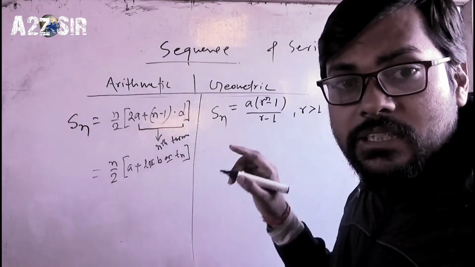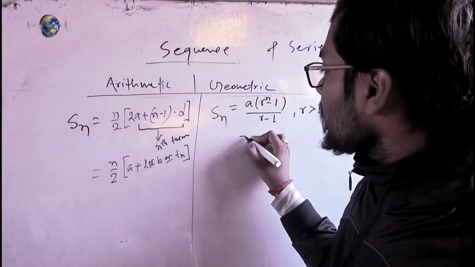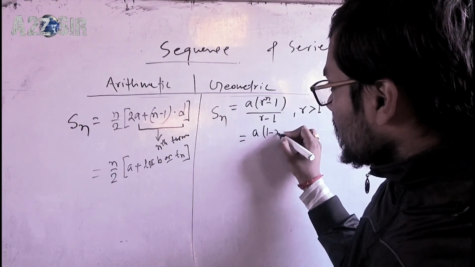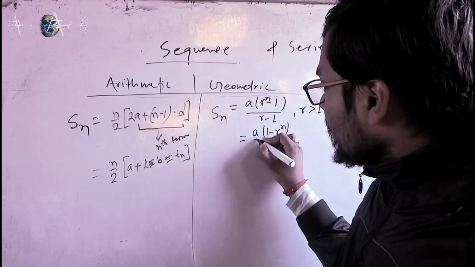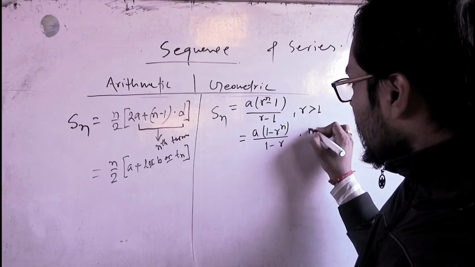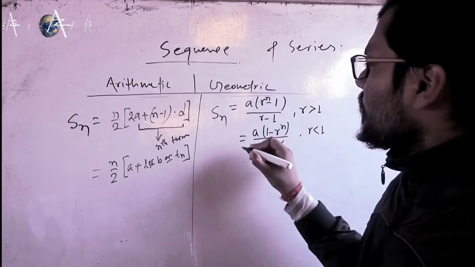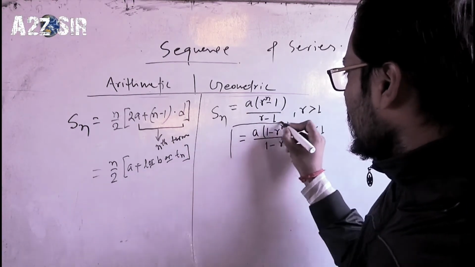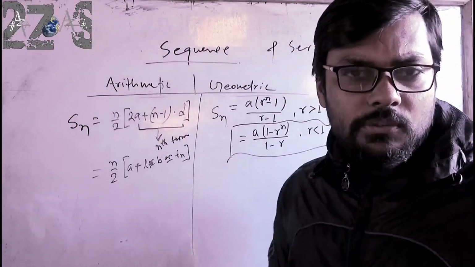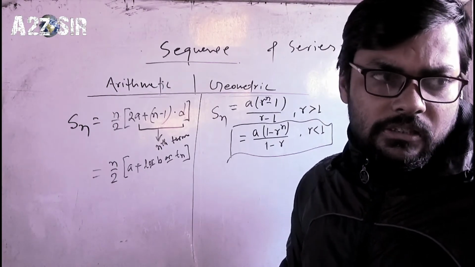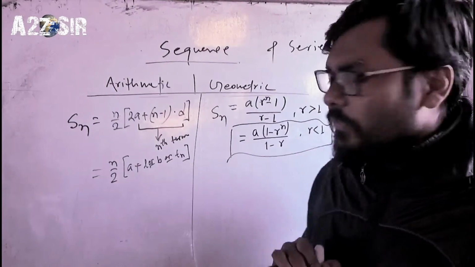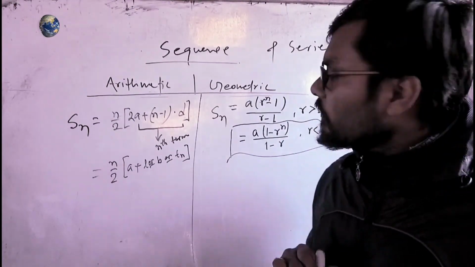If r is less than 1, it changes to a into 1 minus r to the power n divided by 1 minus r. But this is a very rare case, and it is mostly not used up to class 10. So mostly usable is a into r to the power n minus 1 by r minus 1.